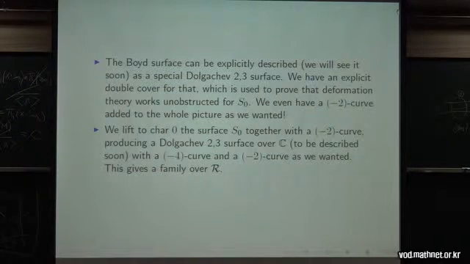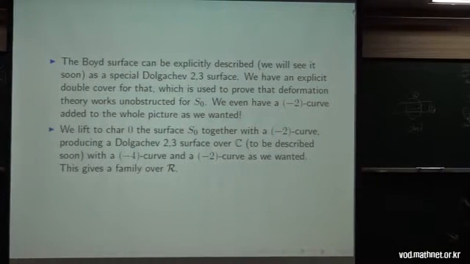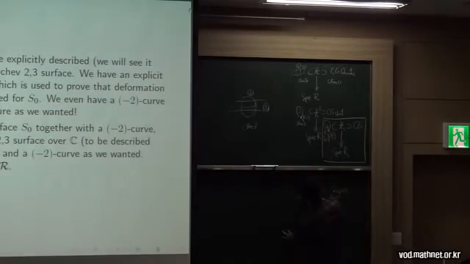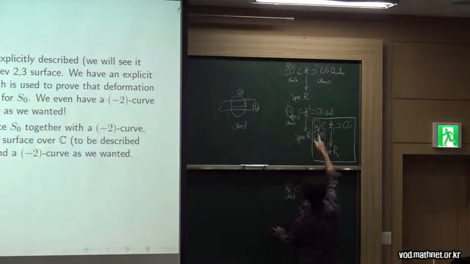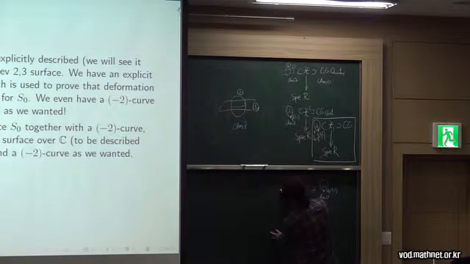This is family 1, this is going to be family 2 over the same base. So the generic fiber in characteristic 0 would be a Dolgachev surface with a 1/3(1,1) singularity. So they lift the surface and a curve. And in characteristic 7, we have the same situation, which is exactly S0.